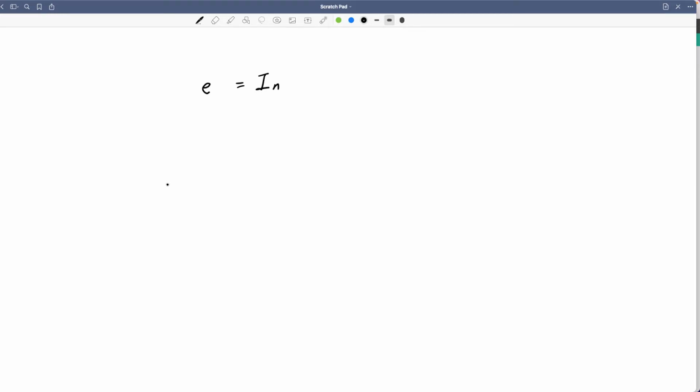The decimal approximation of e to 10 decimal places is this. I'll just rewrite it below. e is approximately equal to 2.718281828.